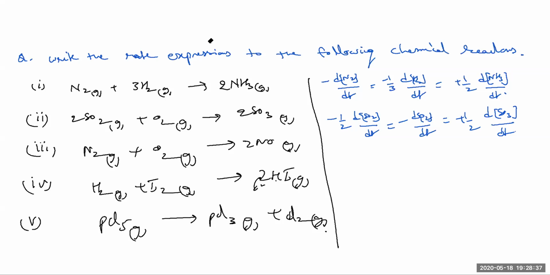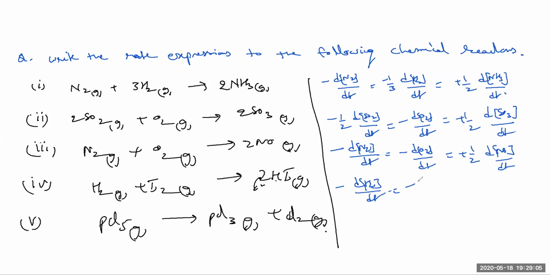Next, what is this one? Minus d of N2 by dt is equal to minus d of O2 by dt is equal to plus 1 by 2 d of NO by dt. Next, this one: minus d of H2 by dt is equal to minus d of I2 by dt is equal to plus 1 by 2 d of HI by dt.